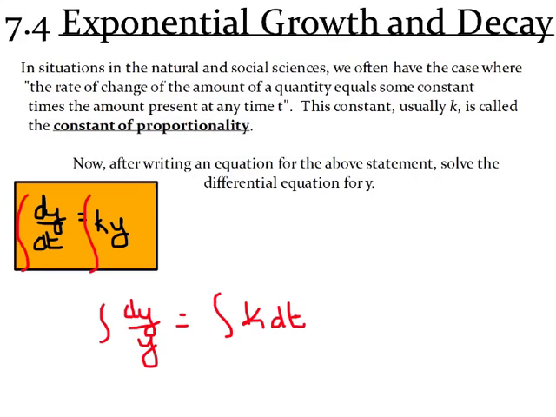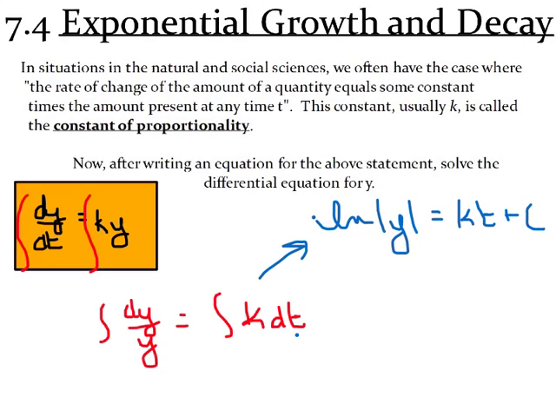Okay, now solve your equation, and you get ln, natural log, of the absolute value of y equals k times some variable, right? This is telling you the variable. So kt plus c. Exponentiate both sides to solve. So I'm going to take e to both sides.